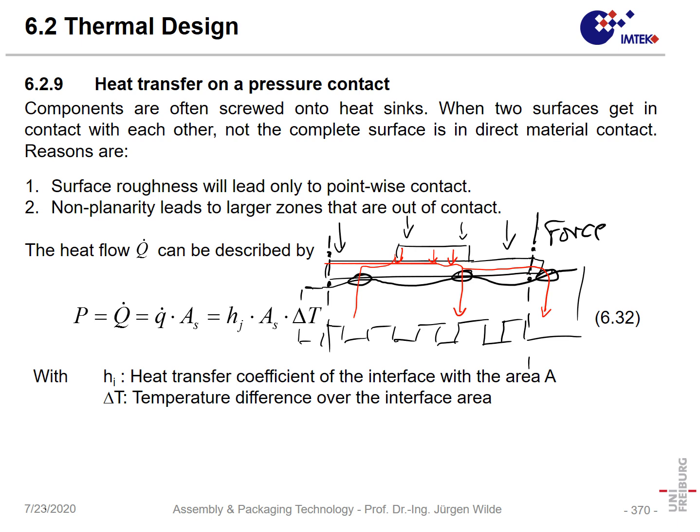And now what we can do is use a thermal grease. Normally it's white, so I make it blue here. So we have a thermal grease. The thermal conductivity of that thermal grease is not good, but it's better than air. And so in that way an increased amount of heat is also dissipated via the thermal grease.